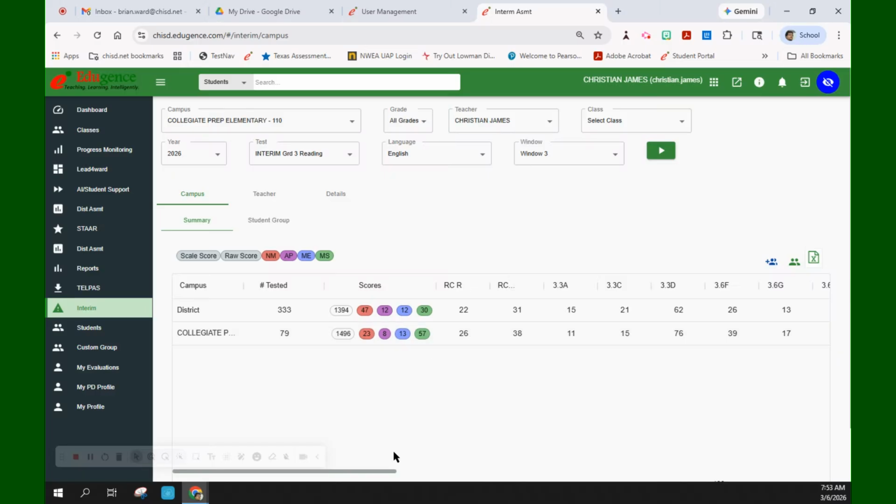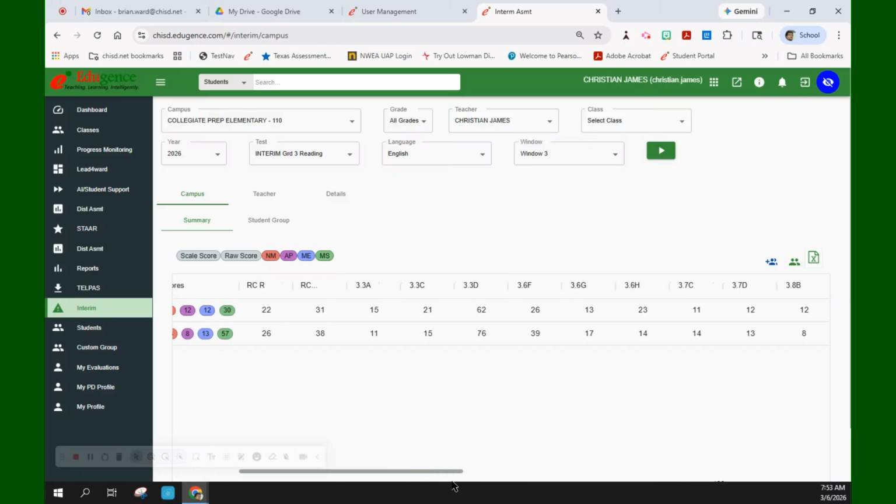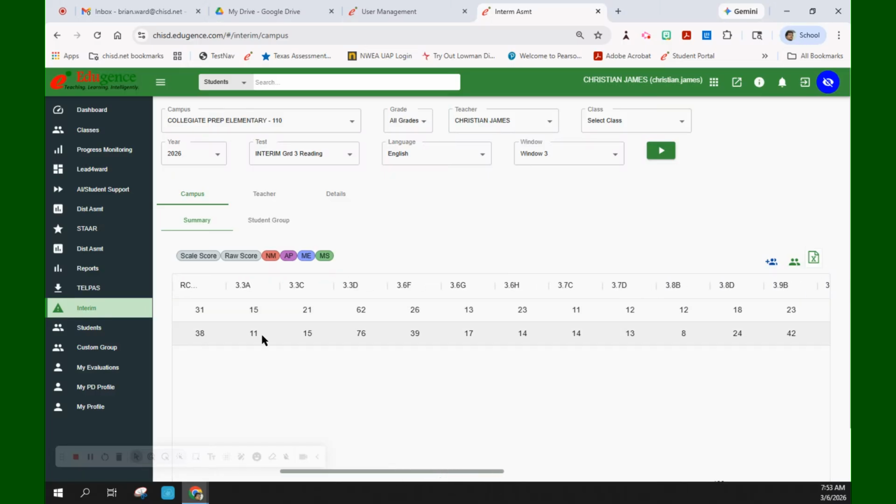Now, you can also see how the percent of scholars did on individual SEs. However, be cautious, because a lot of times these numbers become skewed because of how many questions and whether or not all your scholars saw the same questions. They didn't.